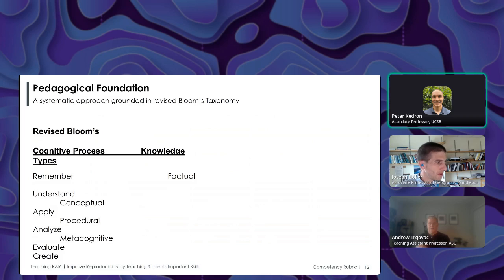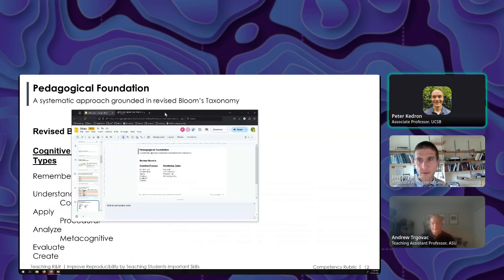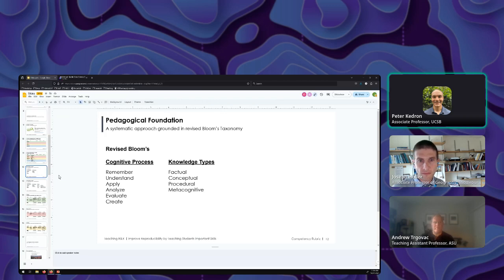And then there's different types of knowledge: factual knowledge, conceptual knowledge, procedural knowledge, and metacognitive knowledge. Essentially, these can work in pairs. And what we've done is, for each of those skills and levels of achievement in our rubric, match those to a specific skill pairing and pedagogical pairing.